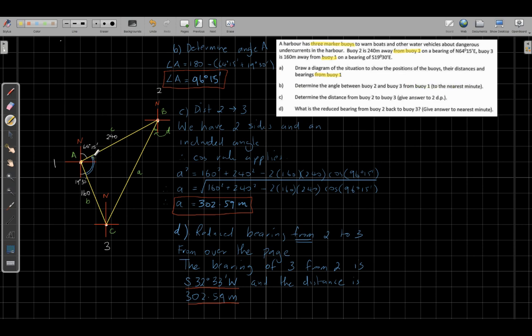So buoy 2 is there, buoy 3 is there, buoy 1 is there. The angle between 2 and 3 is this blue angle here. So we're going to work out that angle, okay?